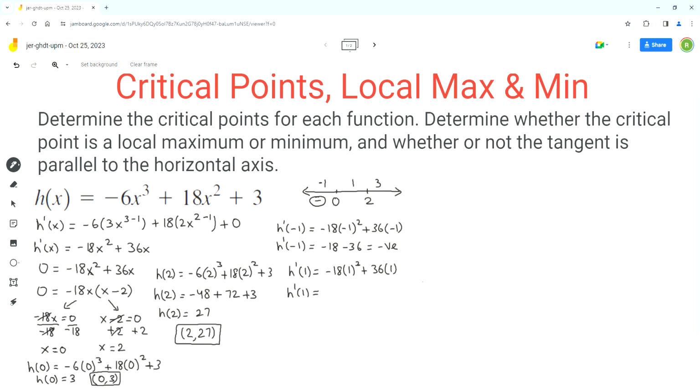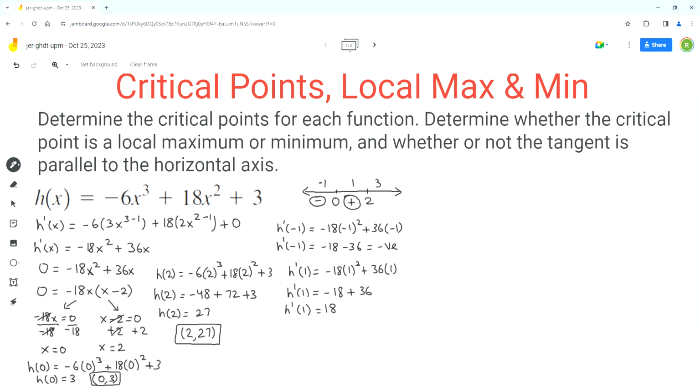So 1 squared is 1, and negative 18 times 1 will be negative 18, and then plus 36 times 1, which is 36. So this will be equal to positive 18, which is a positive value. So that means to the right side of 0, the function is increasing because we got a positive value for h prime of x.